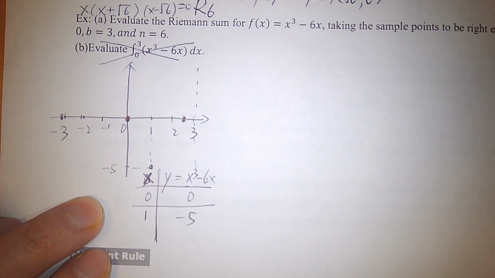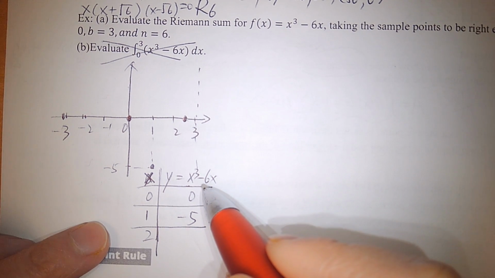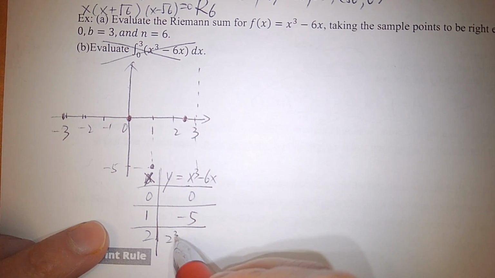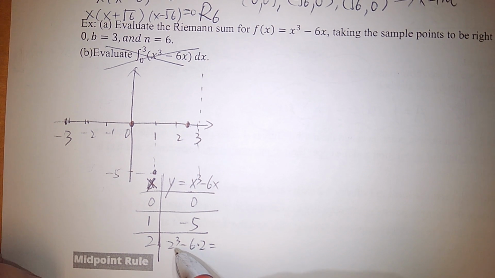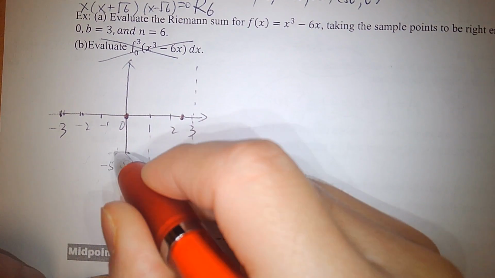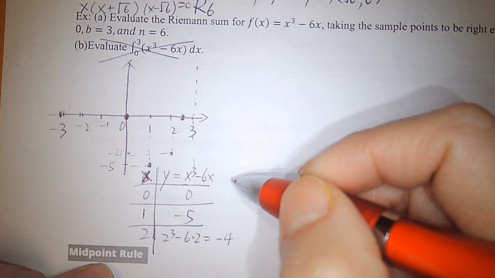And when x equals 2, what is the y value then? 2 to the cube minus 6 times 2 gives us what? 8 minus 12, negative 4, right? So this is negative 4. I may have to draw another picture somewhere, okay?